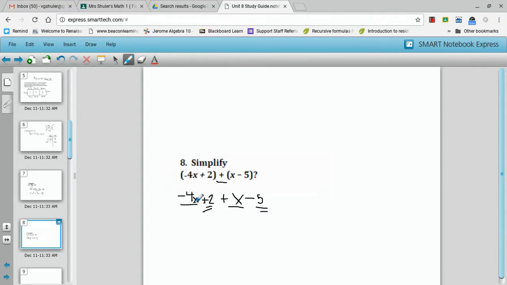So what is negative 4 plus an x? Negative 3x. What is a 2 minus a 5? Negative 3. And there's your final answer. Negative 3x minus 3.